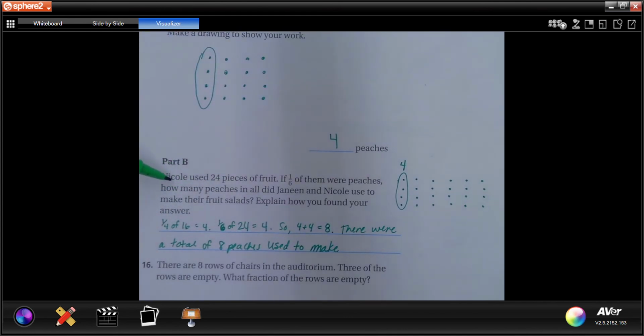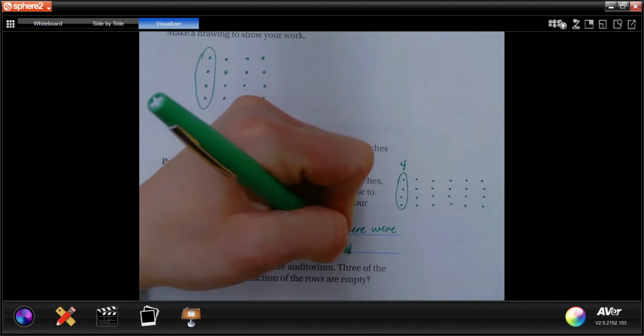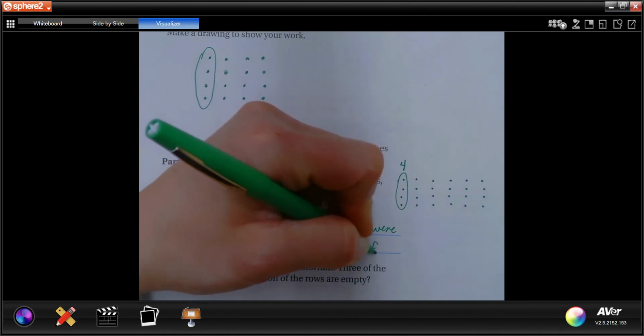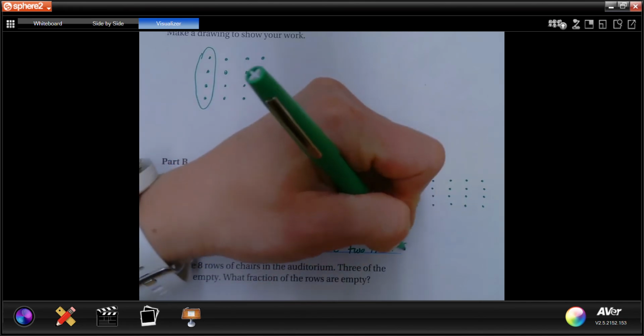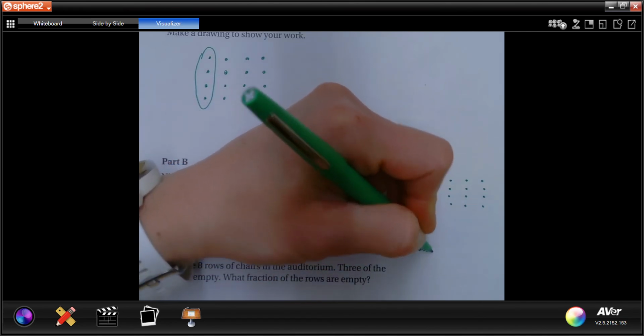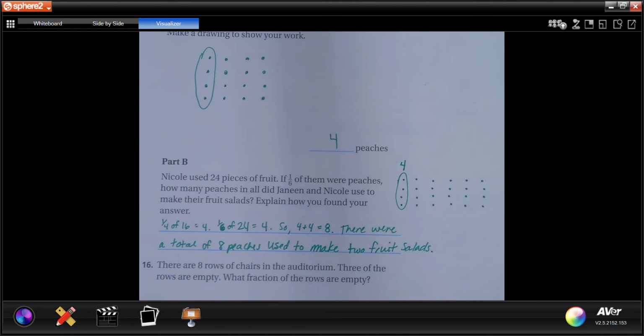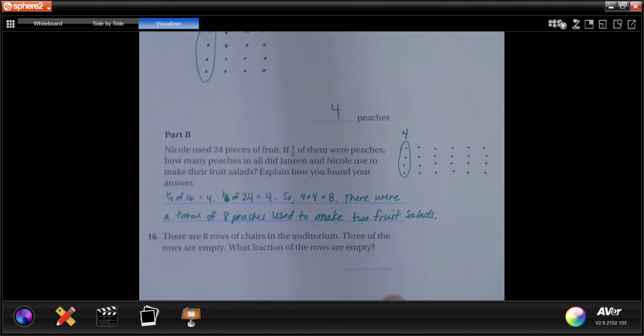Well, Nicole had a fruit salad and Janine had a fruit salad, so to make 2 fruit salads. Pause it if you need to finish writing that down.